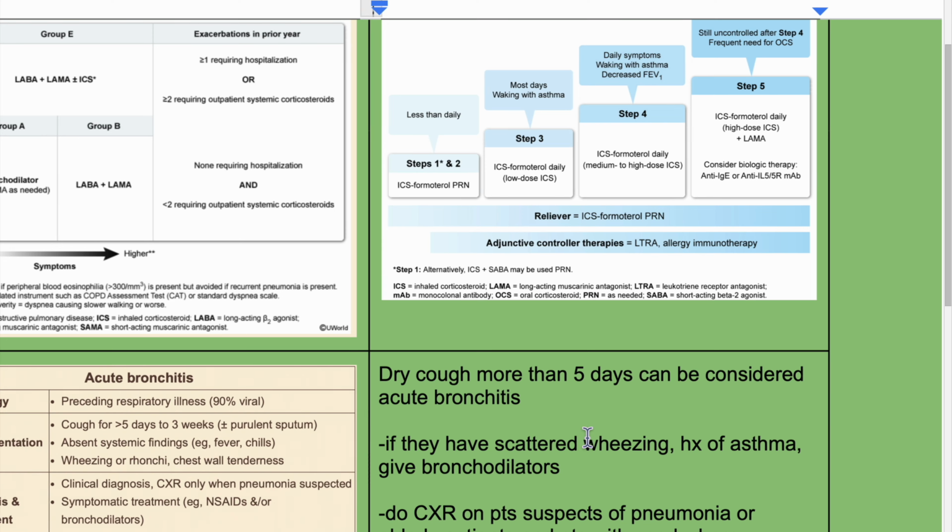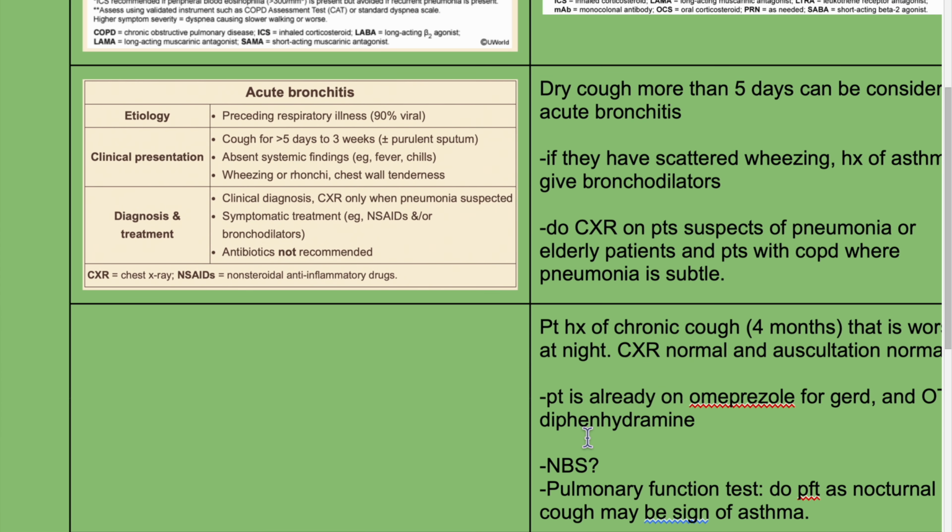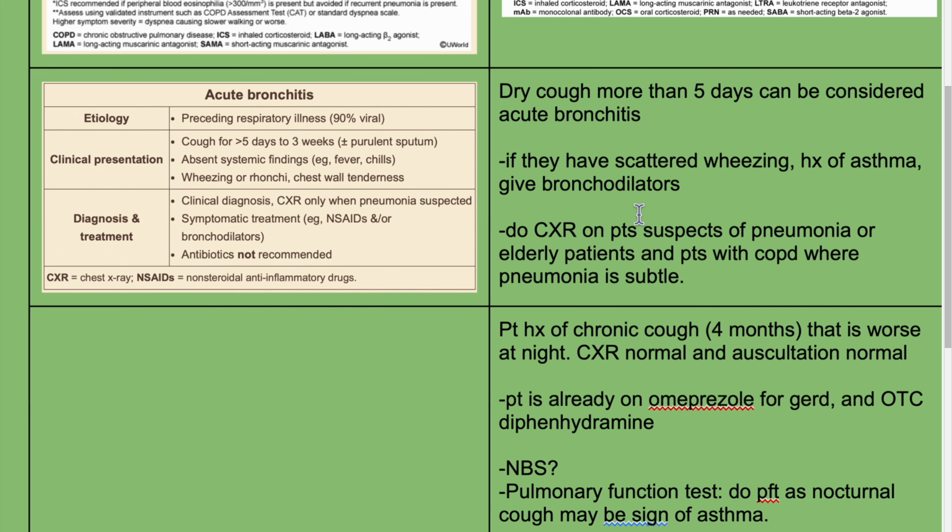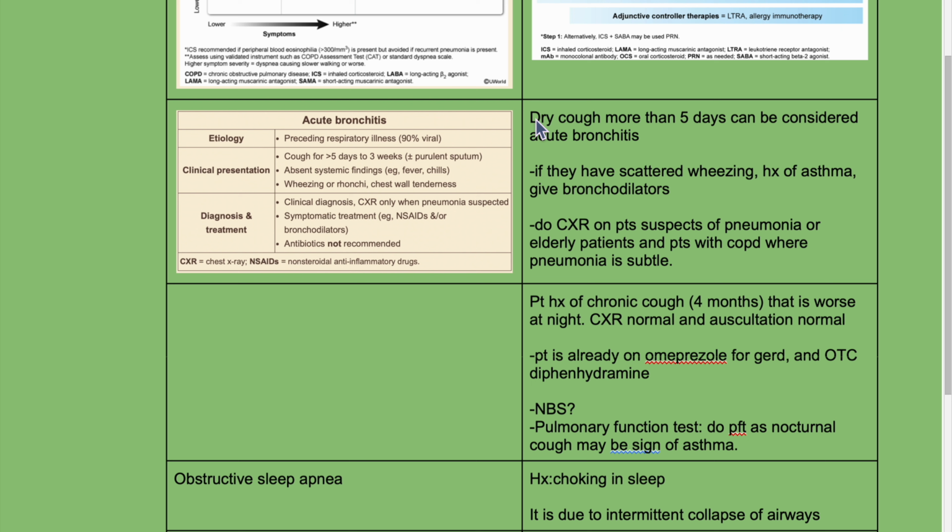All right, so on to acute bronchitis. Before we start that, let's read about it. Dry cough more than 5 days can be considered acute bronchitis.